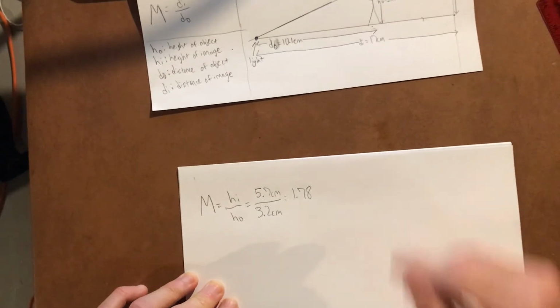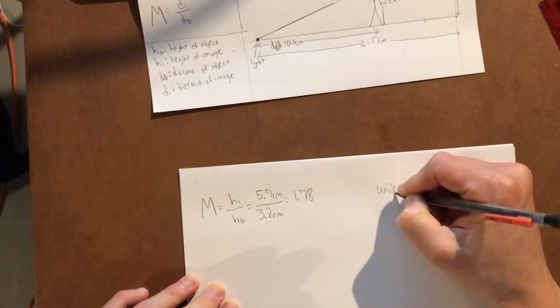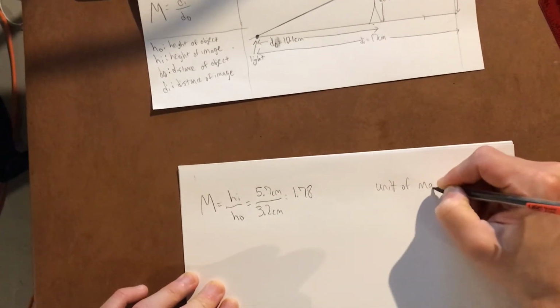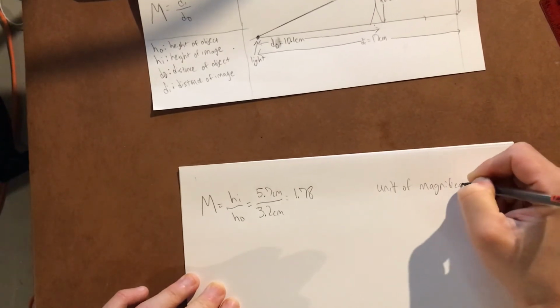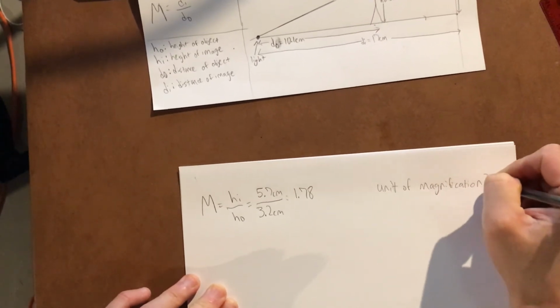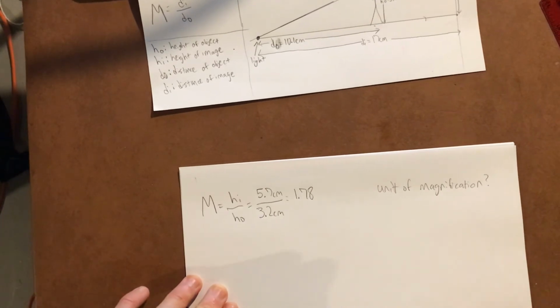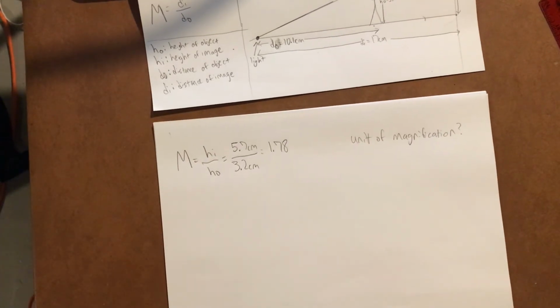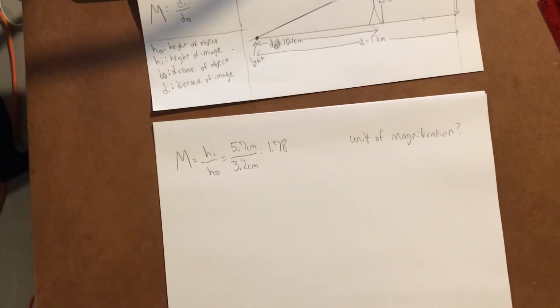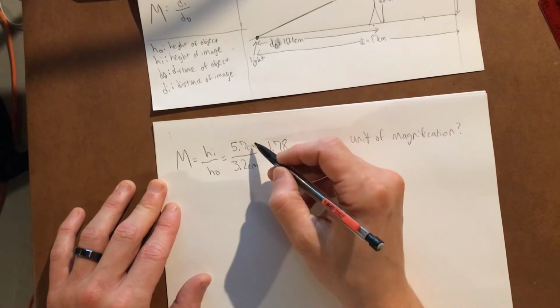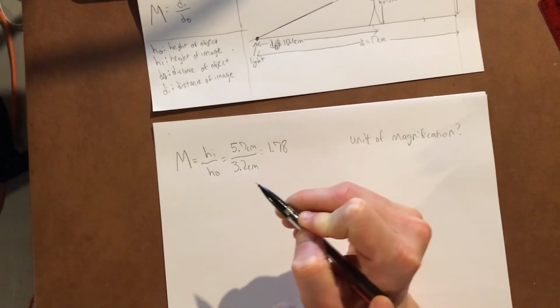Now, what is the unit of magnification? 1.78 what? I mean, your science teachers for years have stressed, me included, you can't just write a number without a unit. A dozen what? Well, the weird thing here is centimeters is not the unit.